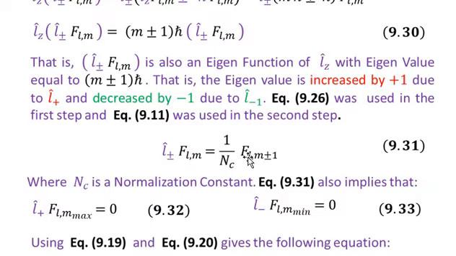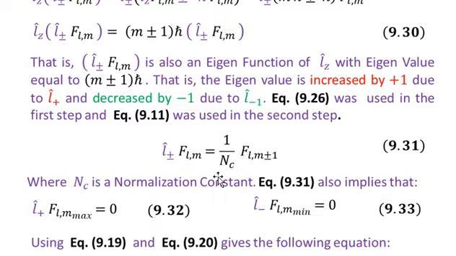That is, you will get F L comma m plus 1 or m minus 1. So F L with m plus 1 is the wave function corresponding to the operation of L plus, and F L comma m minus 1 on the right-hand side is the wave function corresponding to the L minus operator.